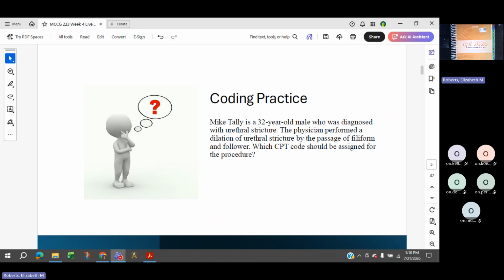So again, if we imagine the provider performing this procedure, what verbs, what action words, what are they actually doing to this patient? That main term is going to be dilation, right? So if I'm coding this, I would probably look up dilation first. You could also probably look up urethral stricture first. It might get you there. So I'm going to look for dilation.